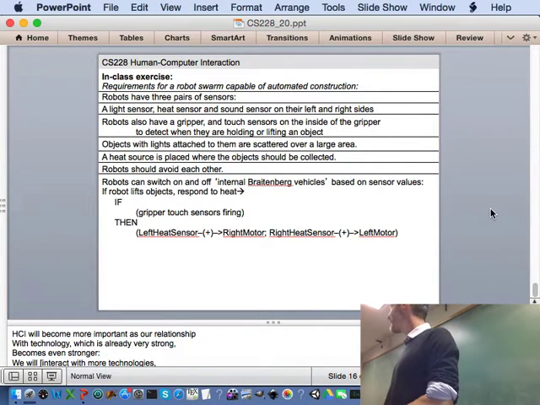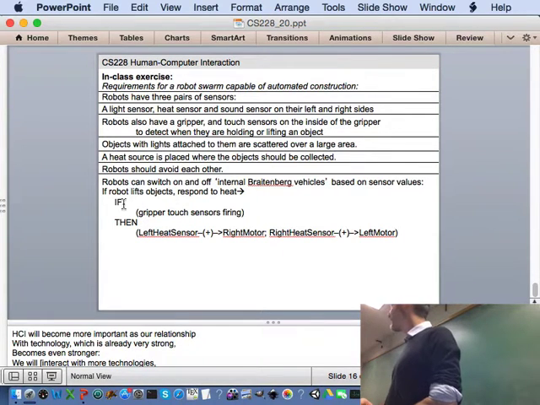So in this case, if you have a look at the pseudocode we have here, imagine that each robot in our swarm has some Python code that's running. Each robot has its own infinite loop that is running. And every time it passes through that infinite loop, there's a set of if-then-else statements. So the robot is detecting what state it's in.